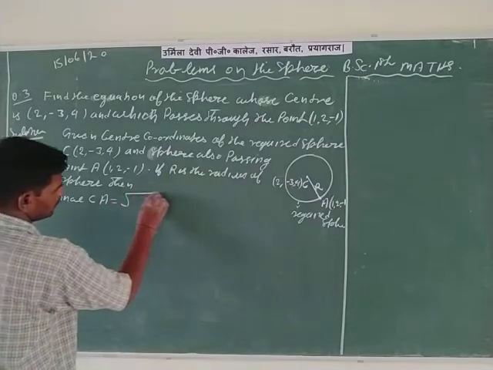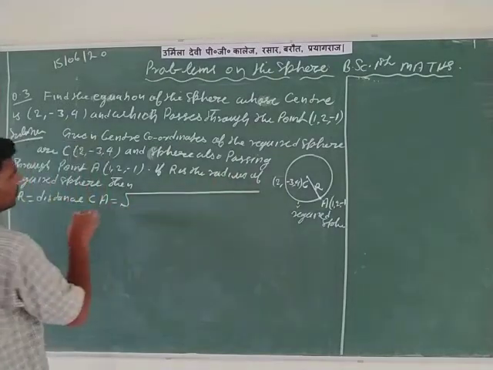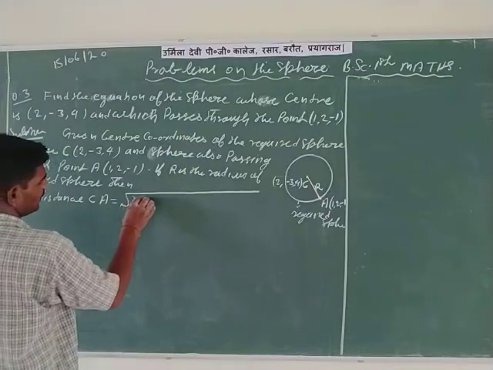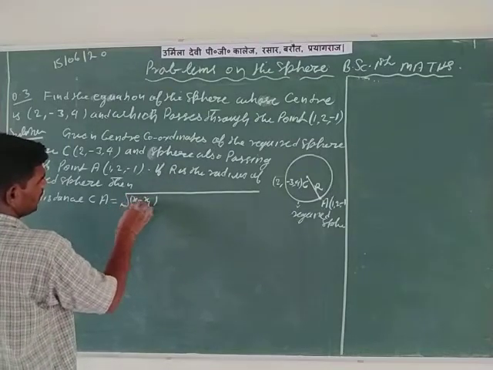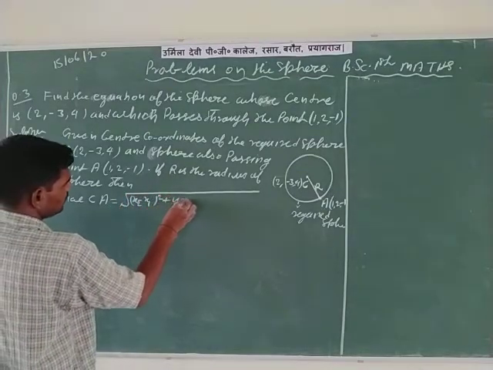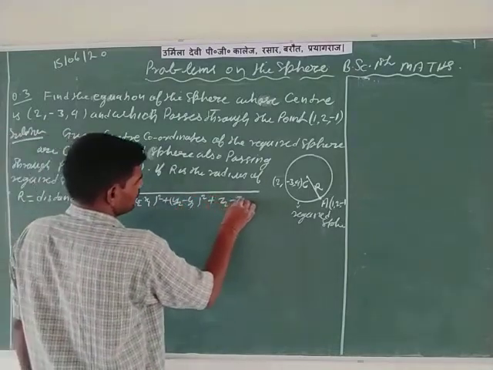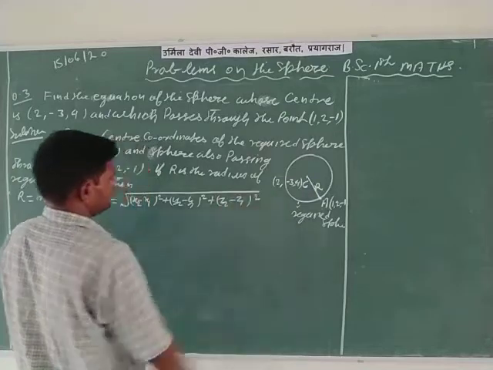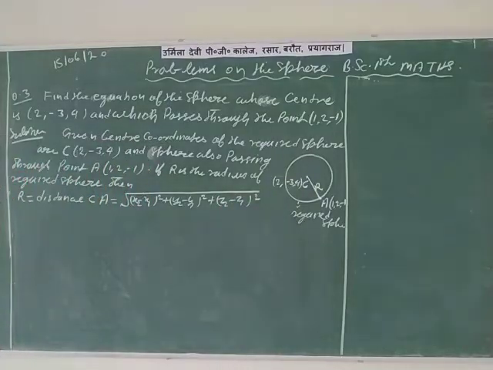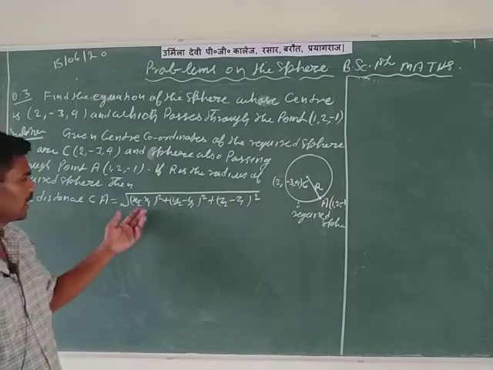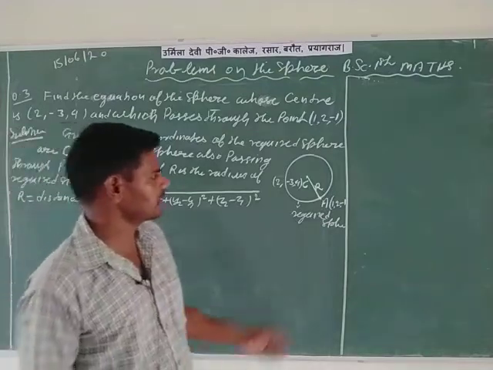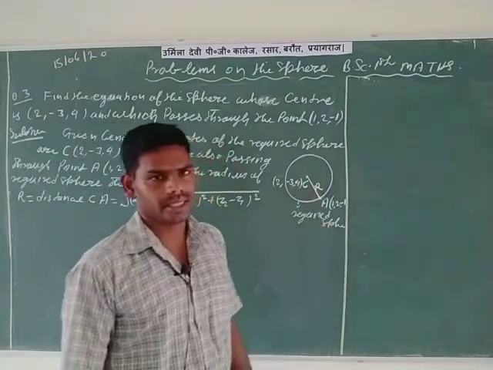You know the distance formula between 2 points: the square root of (x2 minus x1) whole square plus (y2 minus y1) whole square plus (z2 minus z1) whole square. This is the distance formula between 2 points. Here C is taken as the first point and A as the second point.